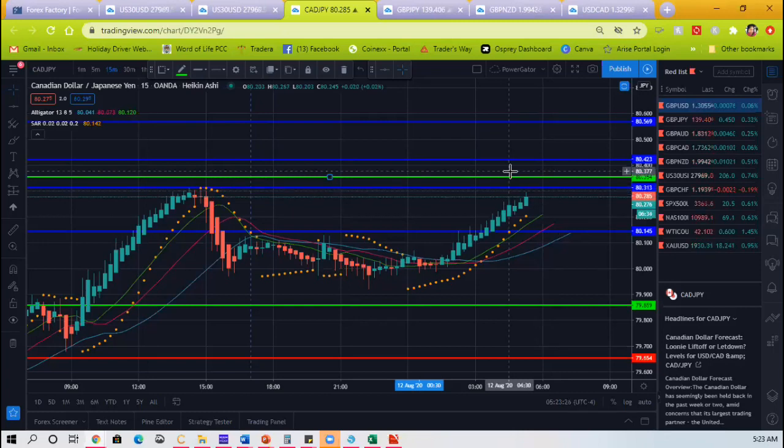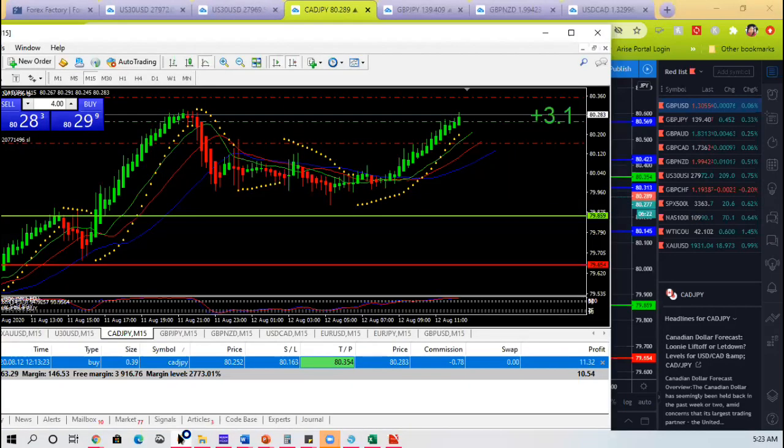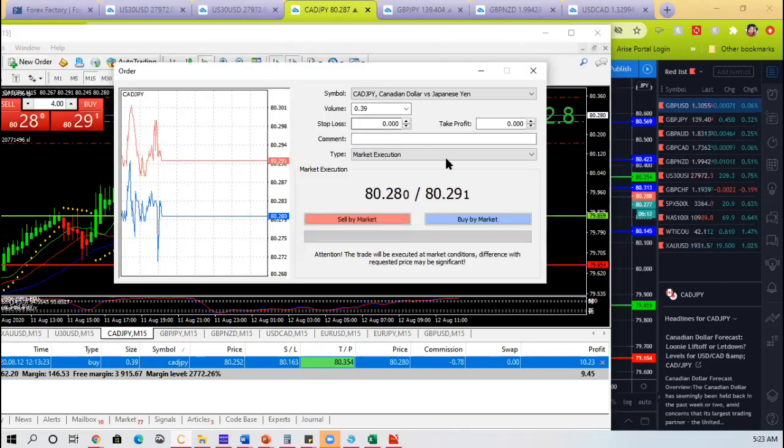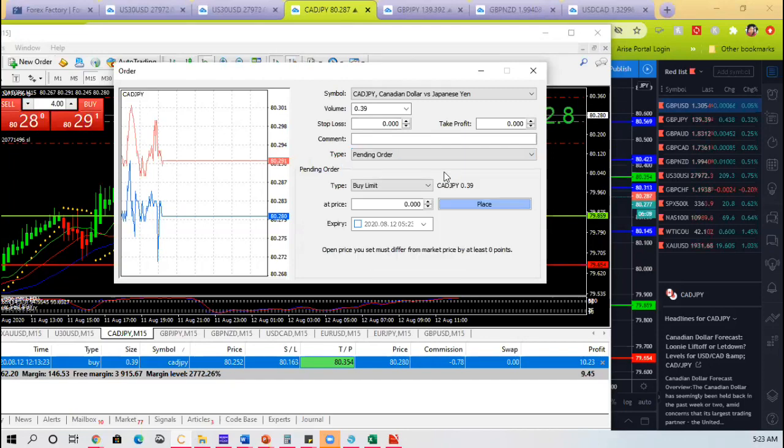So we can do a take profit 2 to this next support and resistance line. Pull that back up. All right, now this time when we do new order, we are going to select pending order.